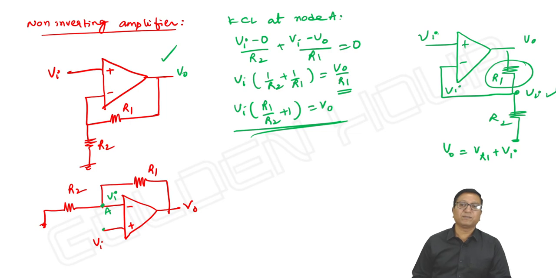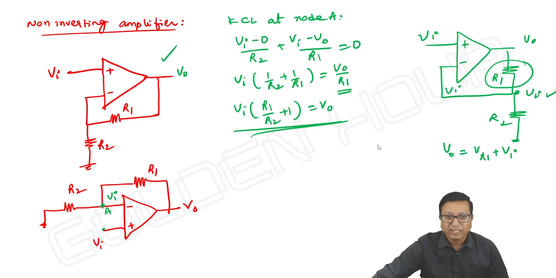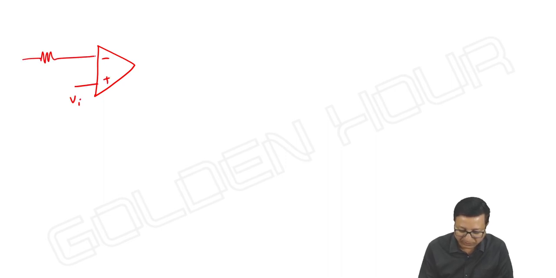See the difference between inverting and non-inverting amplifier circuits. And here also, if you have some load resistor, it doesn't matter. The load resistor you are connecting will not influence our system's response.